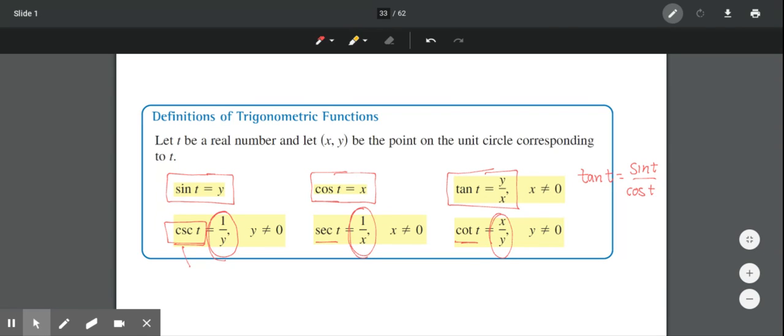Right? So again, maybe make a note to yourself that cosecant is 1 over the sine, secant is 1 over the cosine, and cotangent is 1 over tangent, right? So if you said 1 over tangent, you could also think about that as cosine over sine.